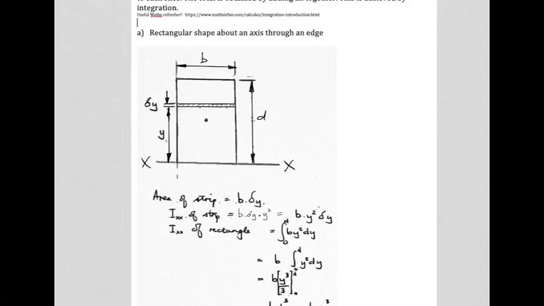So let's get started on this first example of the rectangular shape about an axis through an edge. Starting with the little infinitely thin strip over here, it would have an area of its width times its height. So b is this dimension across here, as you can see, multiplied by the vertical dimension, which would be del y.